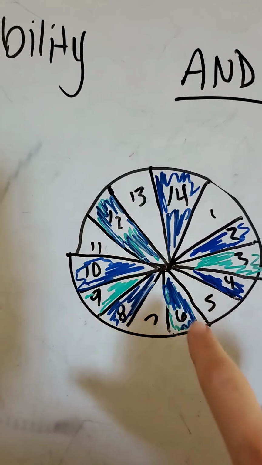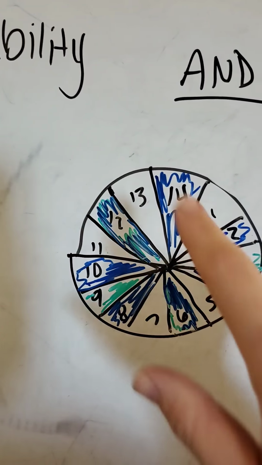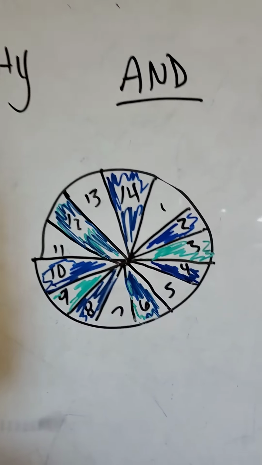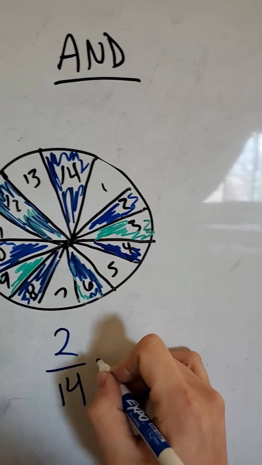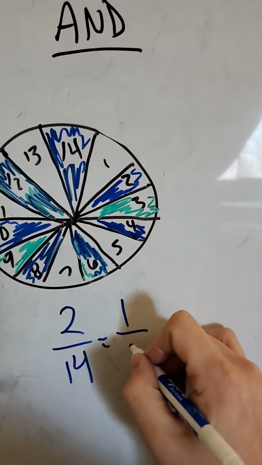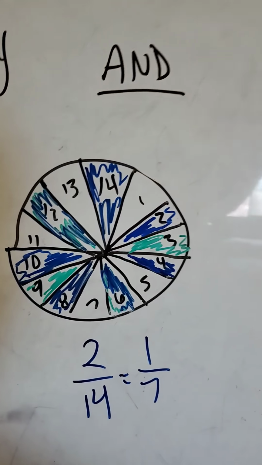Because that's what we're looking at. That's 2 out of 14. So our answer would be 2 over 14. This is not simplified. This is the same thing as 1 over 7. Okay, and that's what we would put in here. 1 over 7.